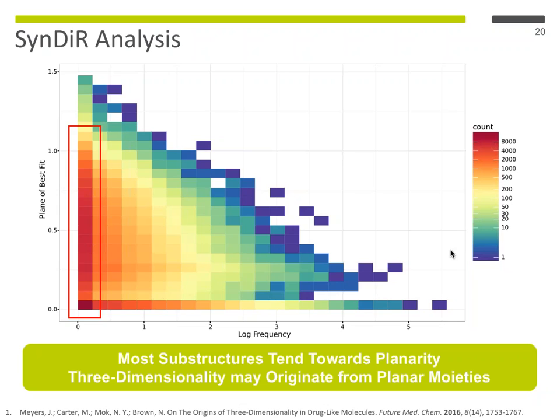Whereas it's more those things on the edge of the green and the blues, where these are the more three-dimensional things that we should perhaps be considering in our designs. So again, most substructures tend towards planarity, and we should be looking at these planar moieties and how we can use them together for three-dimensionality to emerge.